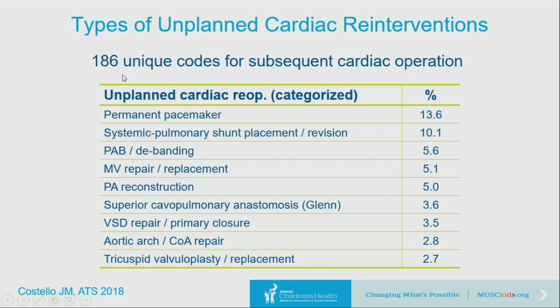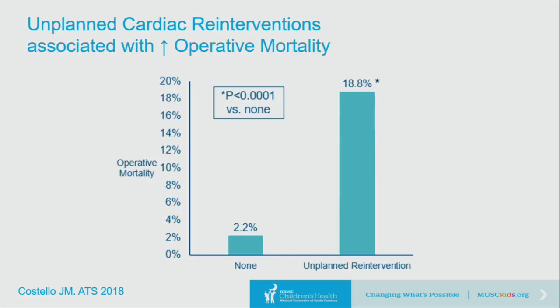The STS data set does not have data regarding the types of unplanned cardiac caths, so they were counted in those initial numbers that I showed you, but I don't have details about what type of catheter interventions. But you can imagine that many of those are going to be on either the aortic arch or the pulmonary arteries, or potentially stenting of shunts.